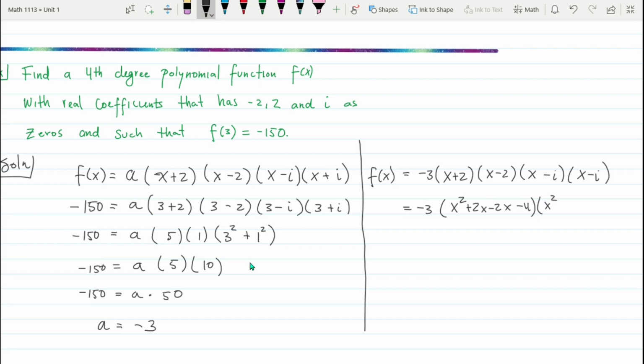The way I'm doing this, I'm multiplying these two first, and then multiplying those two first. Then negative ix plus ix, and then we'll have plus i squared. Let's keep simplifying. We'll get x squared minus 4 times x squared minus 1.